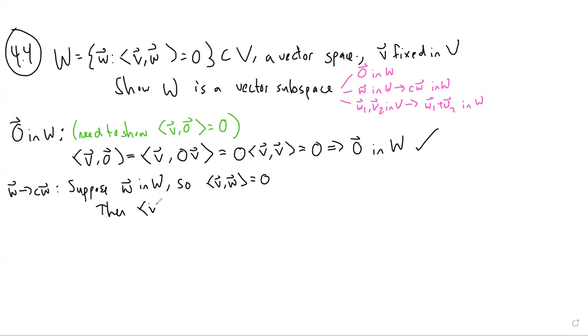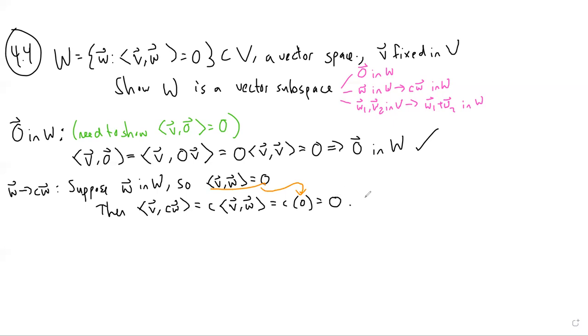Then V with CW, just like what we did before, I can pull that C out and get C times V dotted with W. And I know that that's 0 because we just showed that. That was the requirement that we needed for W to be in that set. And so that is also 0.